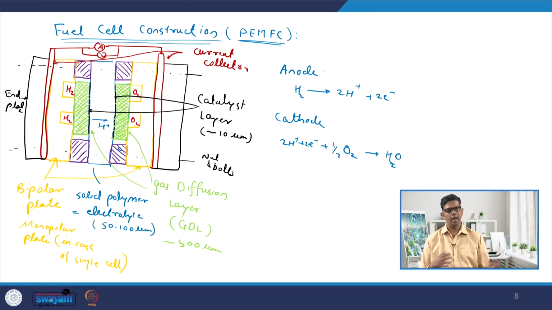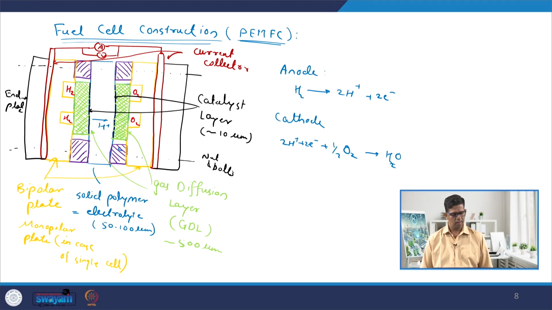And this is how the reaction gets complete. We have to also understand that both of these reactions happen simultaneously. It is not that the first reaction takes place and then the second reaction occurs at the other electrode. Both of these reactions have to happen simultaneously in order to get current in the external circuit.